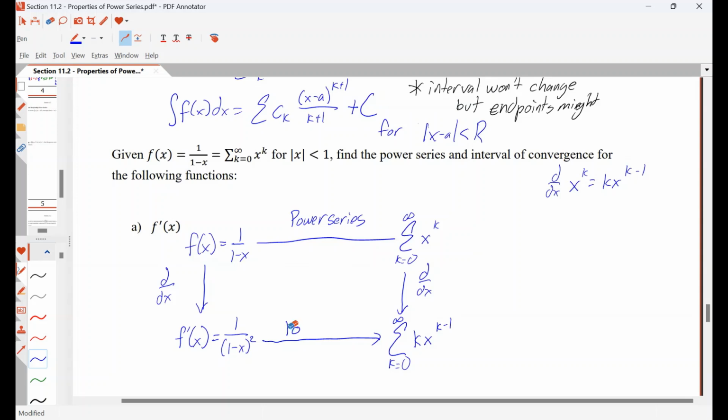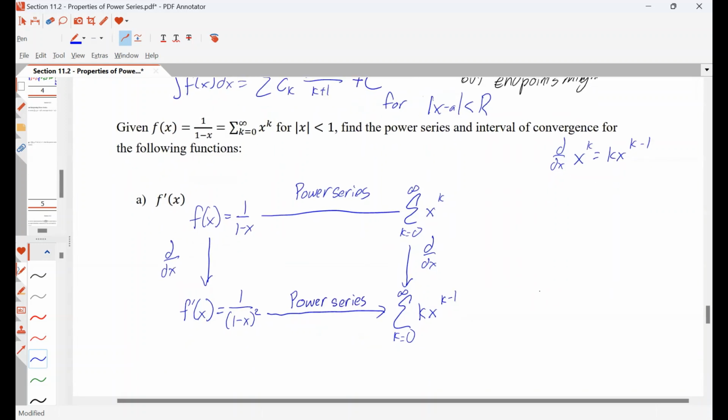And that means that the power series of the derivative, 1 over 1 minus x squared, is equal to the series k equals 0 to infinity of k x to the k minus 1.